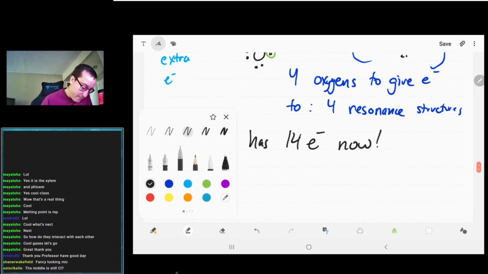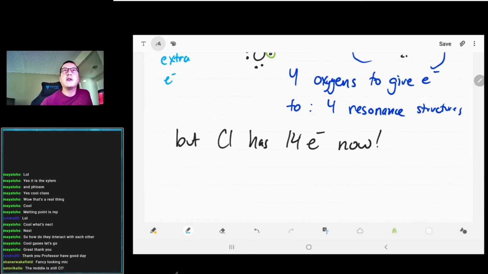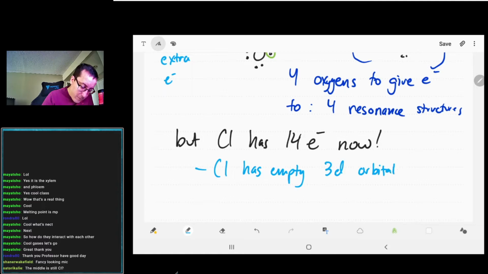So there are 2 theories that kind of explain this. One is that chlorine has empty 3d orbitals, right? Chlorine is in period 3, so just quantum number wise, it should have an L of 2.